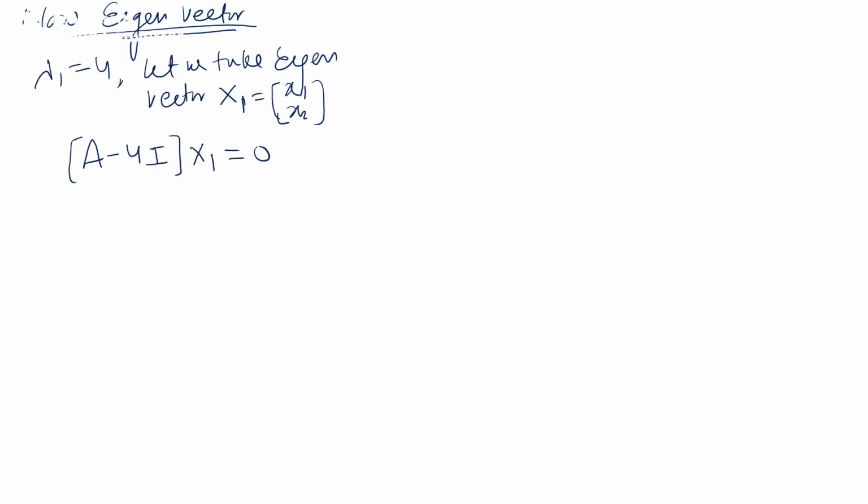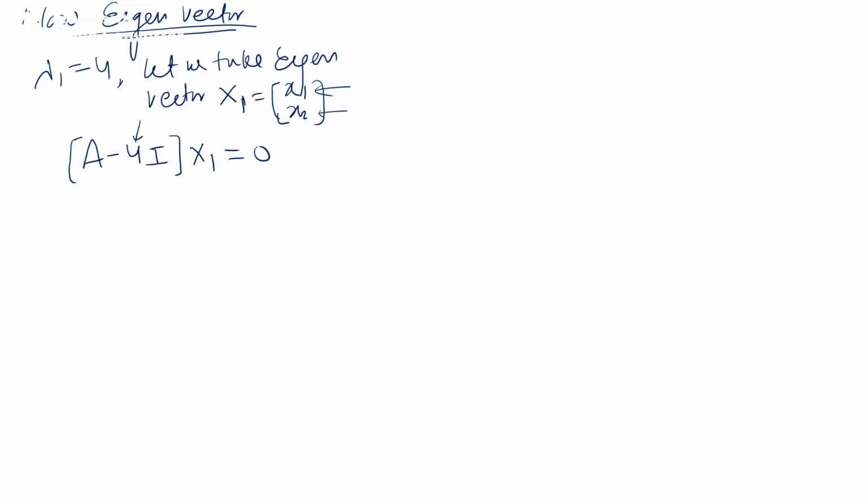This is lambda I, this is lambda 1. The x1 here is an eigenvector. Why do we take the eigenvector as a column of 2 unknown variables? Because the given matrix is of order 2 cross 2, and that matrix is generated by a system in which we have two unknowns and two equations.